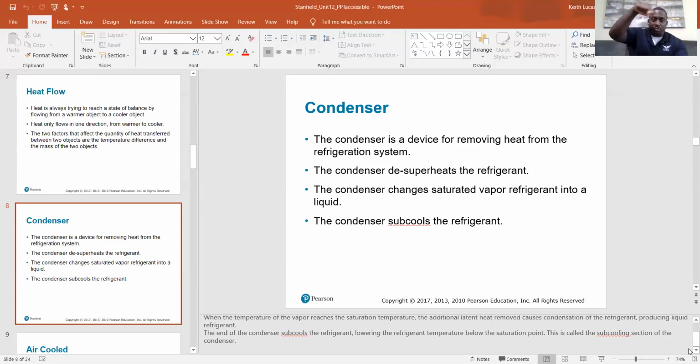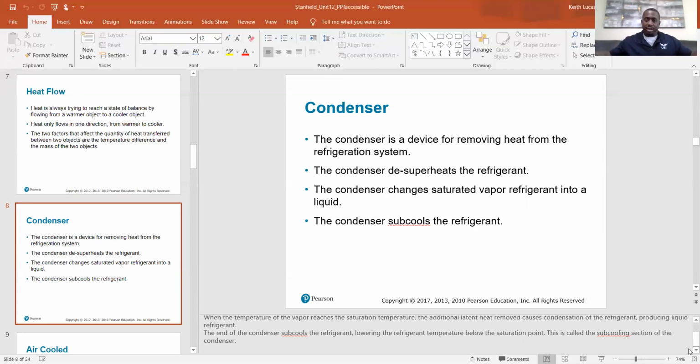What's removing the heat from that vapor is the condenser fan on top of the condenser. As the condenser fan turns, it's drawing in the outside air because the condenser is located outside. So it's drawing in the outside air across the coil. And like we talked about earlier, law of thermodynamics, heat energy travels from hot to cold.